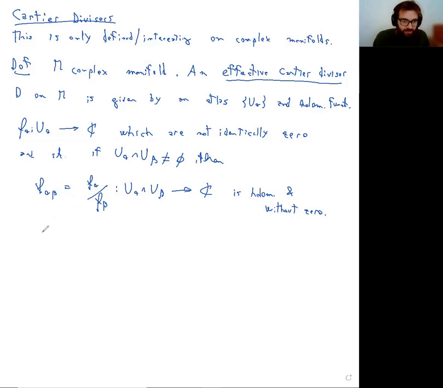So this is basically equivalent to saying f alpha and f beta have the same zeros with the same multiplicity as well.